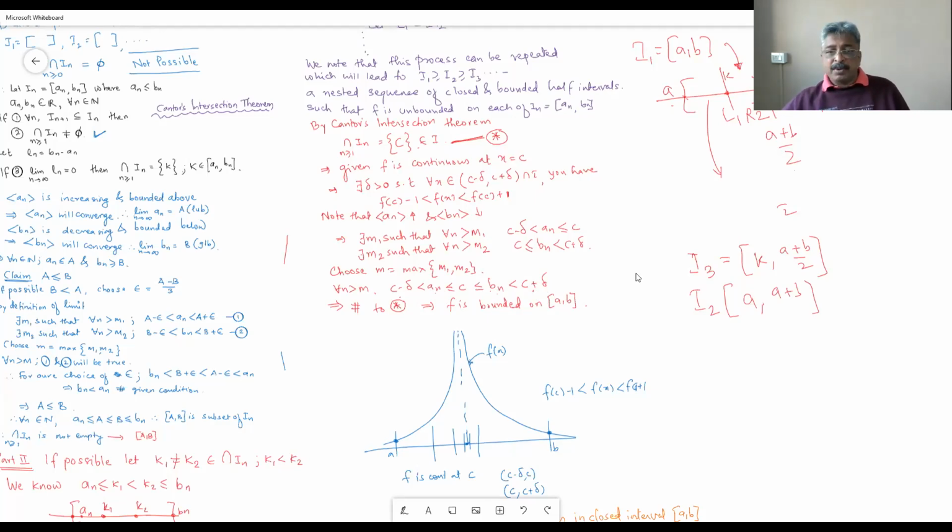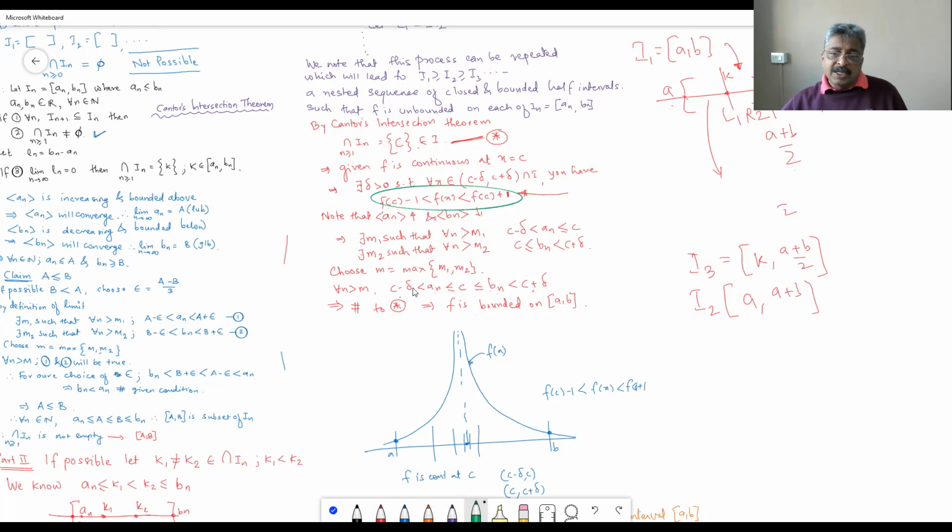See, this step: f of x is bounded between f of c minus 1 and f of c plus 1 in the neighborhood of c, delta neighborhood of c. It is bounded between these two.